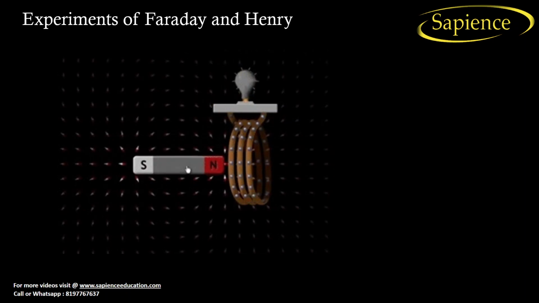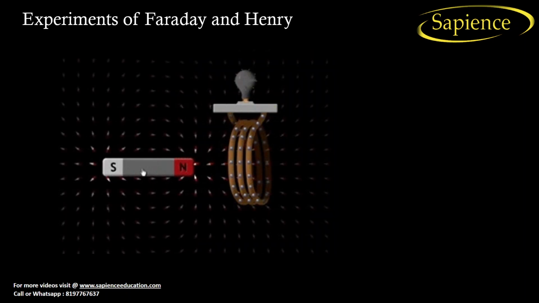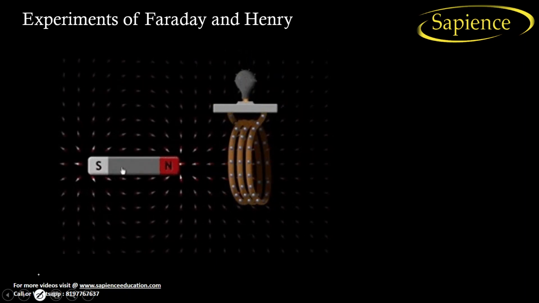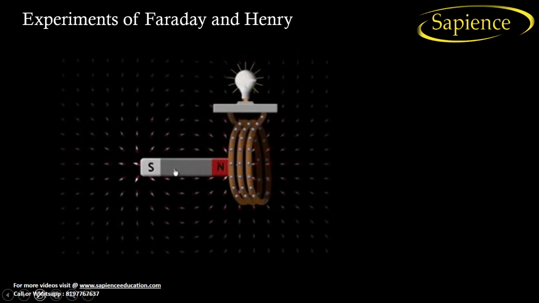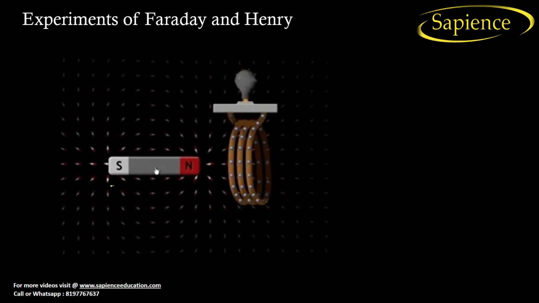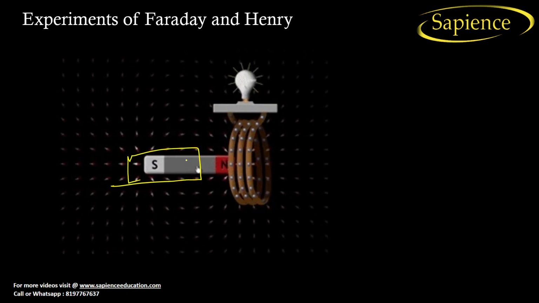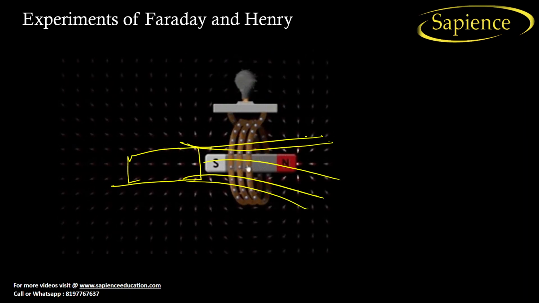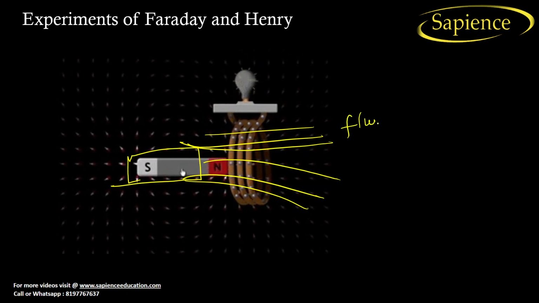Now see here, the experiment done by Faraday. From here you can understand that this is a magnet. What happens when it moves away or toward the coil? Flux will change.